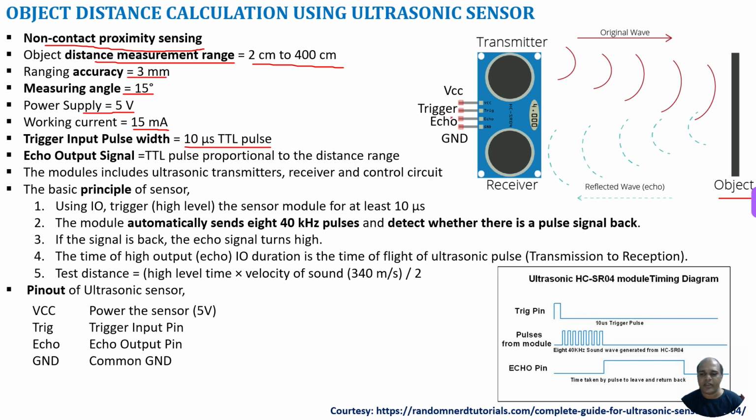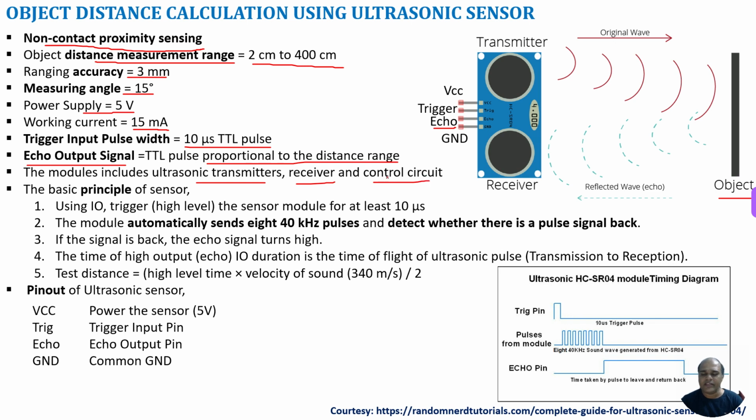Upon receiving this 10 microsecond pulse, the module will generate pulses which it will transmit in free space. On getting the reflected signal, the echo signal will go high. The echo pin will stay high for a time equivalent to the object distance. How long it stays high is proportional to the distance range. As I said, the module consists of an ultrasonic transmitter, receiver and a control circuit.